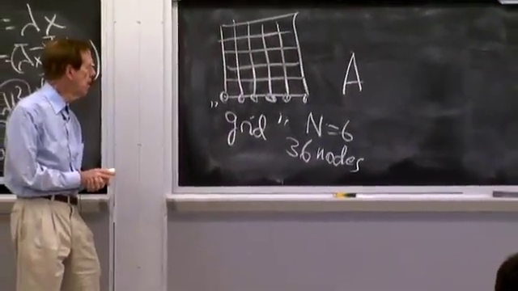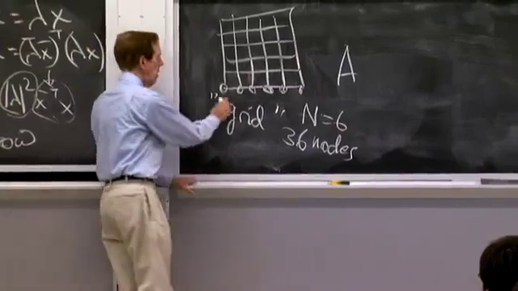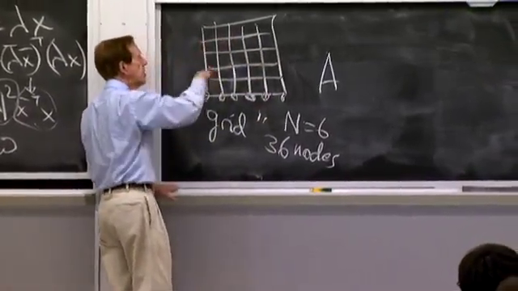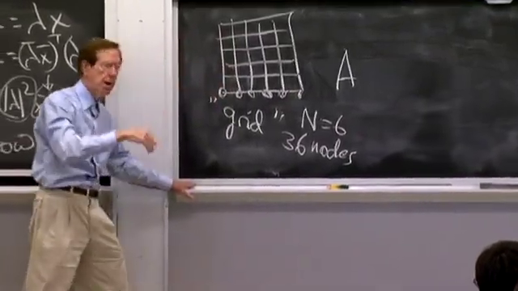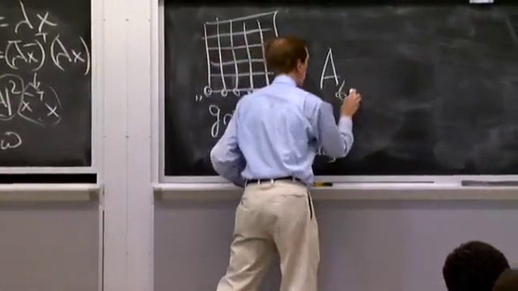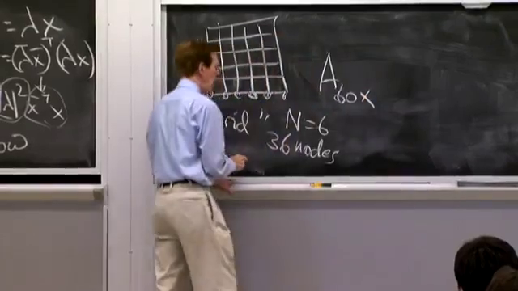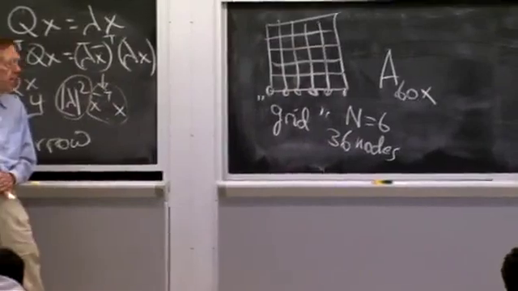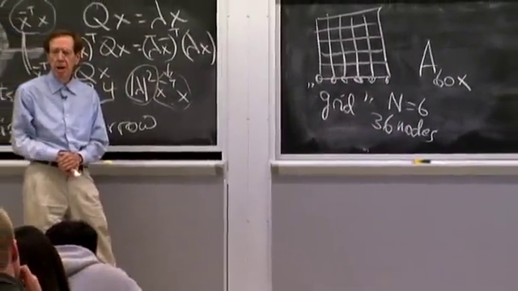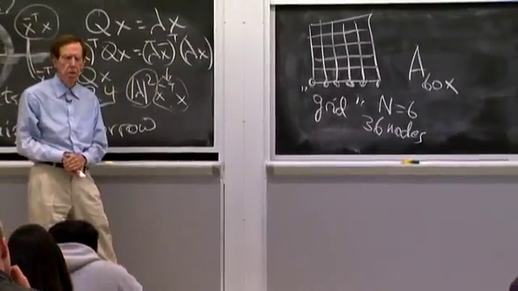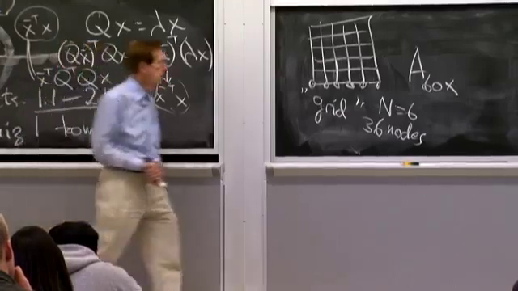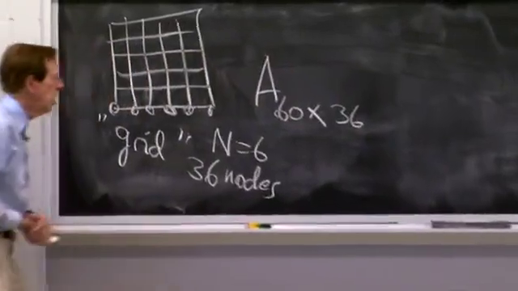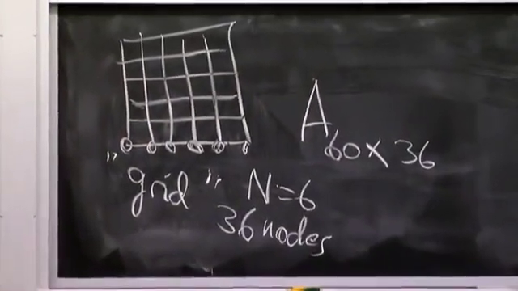How many edges does it have? 1, 2, 3, 4, 5. Maybe 30 edges going across and 30 coming down. It'll be 60 by how many columns in this matrix? You know the answer now, and it's worth knowing for the quiz, of course. 36.